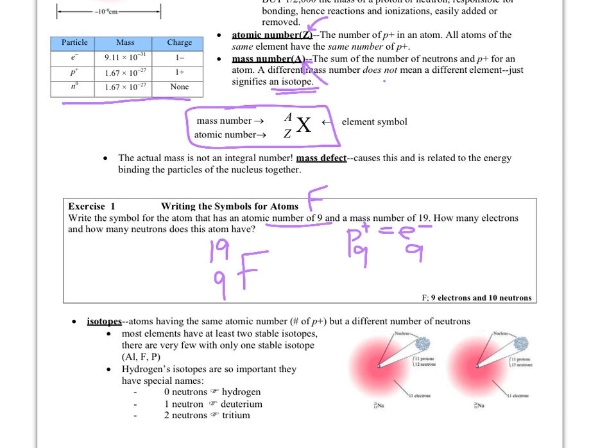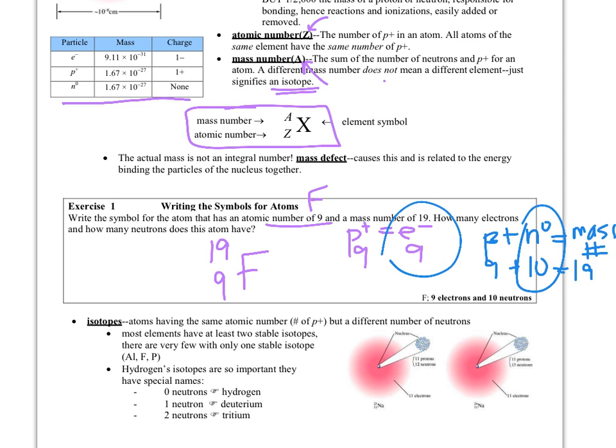The other important one we want to remember is protons plus neutrons have to equal the mass number. So if this is 9, this has to be 10 to equal 19. So we have 10 neutrons and 9 electrons. All right, that should be just a quick review, so that should be pretty easy for you.